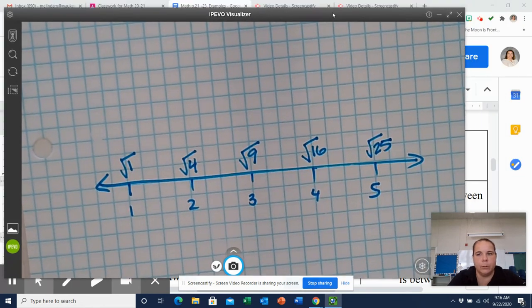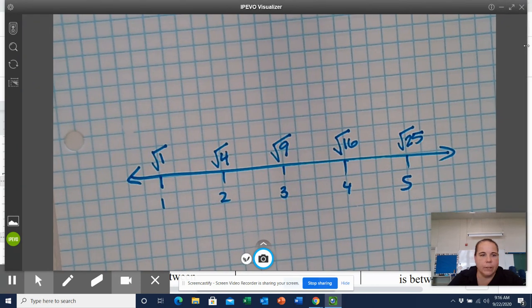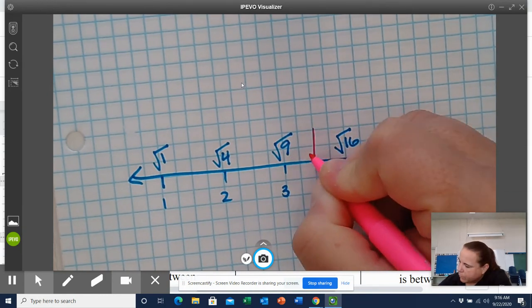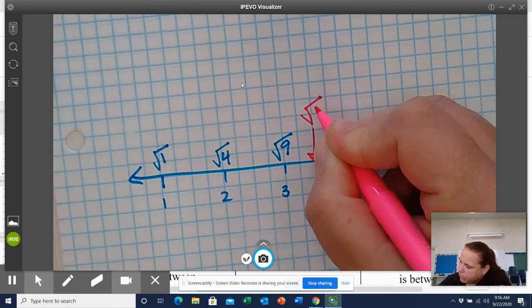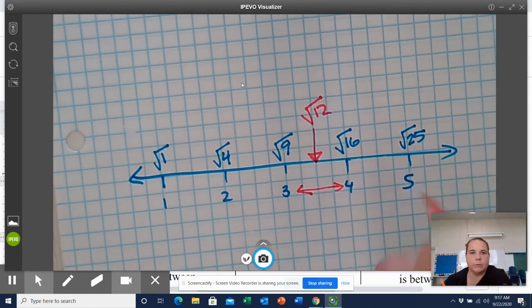So the square root of 12 is going to be between 9 and 16. So the square root of 12 is between 3 and 4.